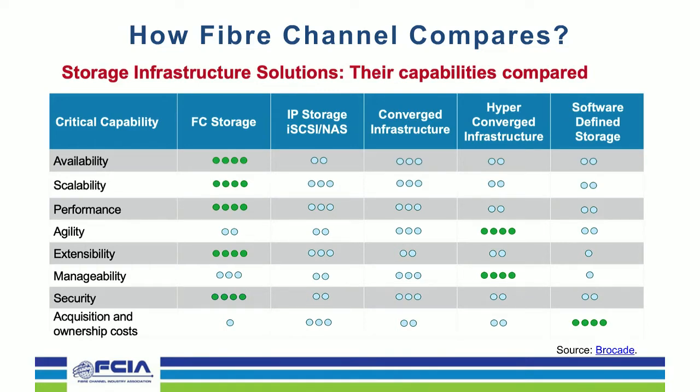What we have tried to do here is break down the different components that customers, especially in enterprise workloads, expect from their transport, like availability, scalability, performance, security, and things like that.